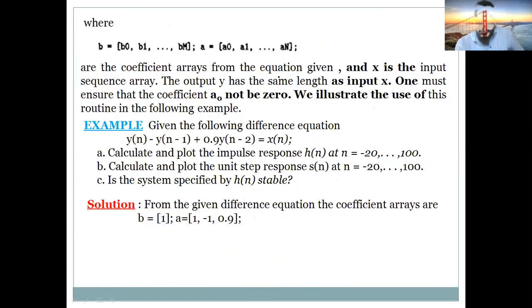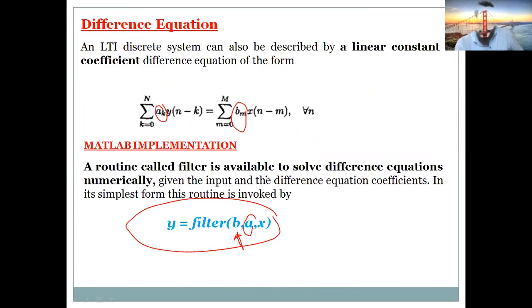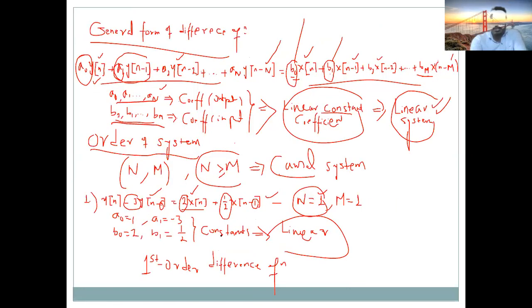You give this to MATLAB. Here, B and A are coefficients of the difference equation. What is X? X is our input. So from the difference equation, just by writing this one command, filter, you will calculate the output of this system.